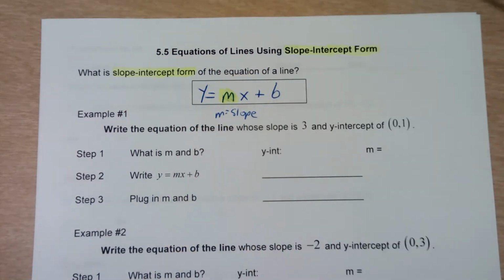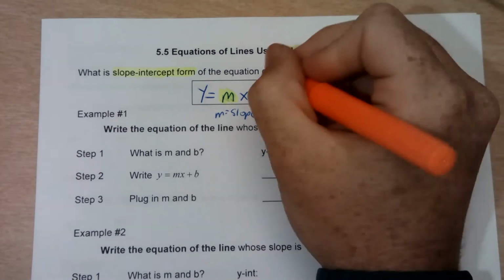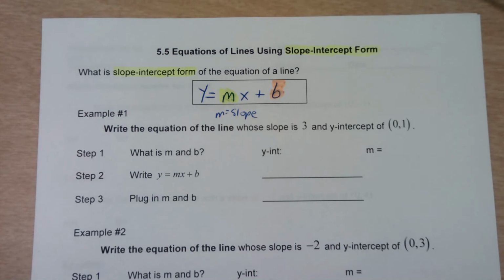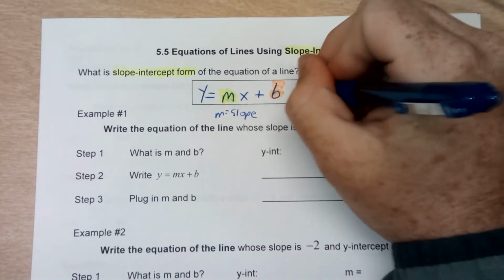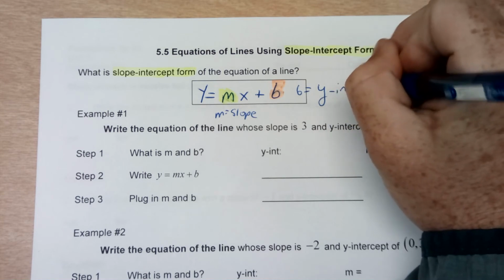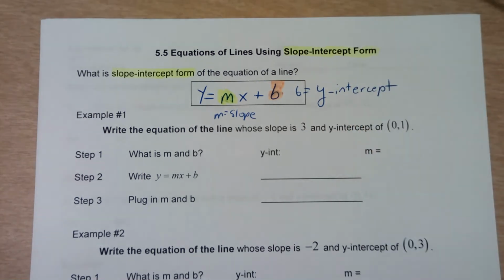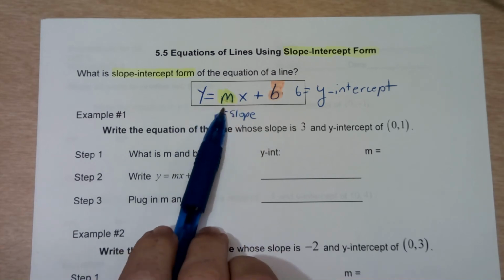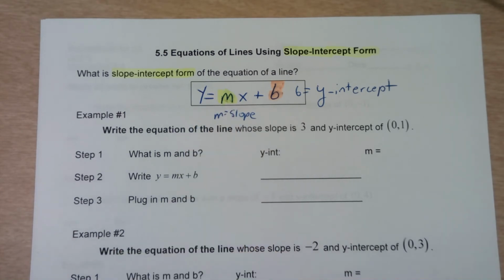And your b is your y-intercept. Remember, b is y-intercept, so b equals y-intercept. Anytime we say slope-intercept, we mean y equals mx plus b.